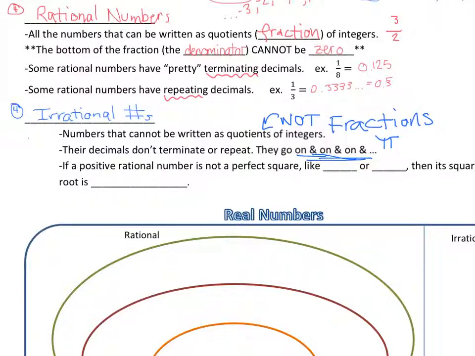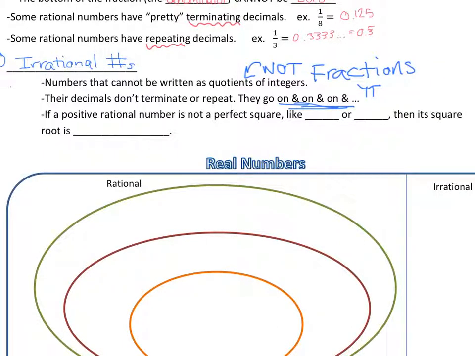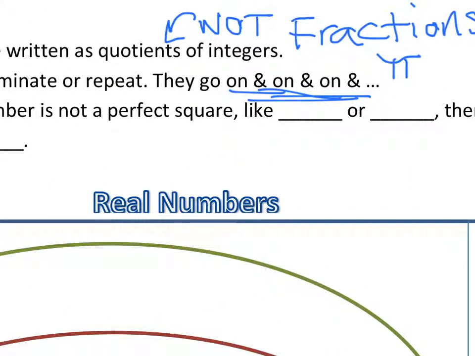Now, other irrational numbers come from when we take square roots of something that's not easy to take a square root of. Okay, so if a positive rational number is not a perfect square, like what are perfect squares? 25, because square root of 25 is 5, or 64, things like that.